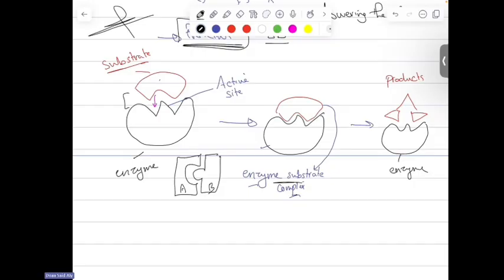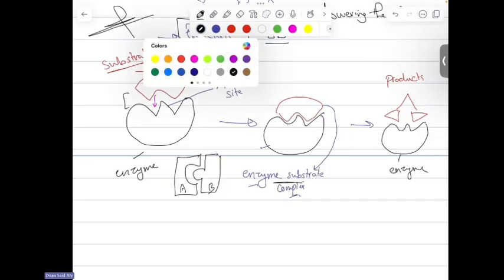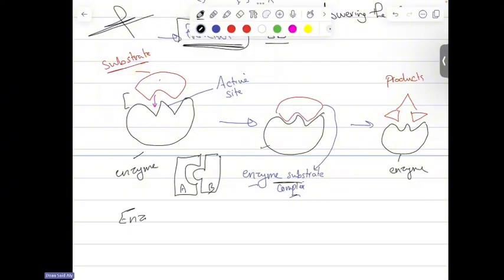So, in the exam, they may ask you to mention the reason enzymes are specific. I will write it here: enzymes are specific.